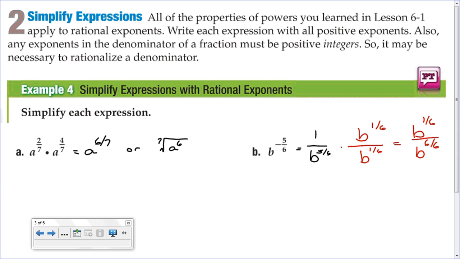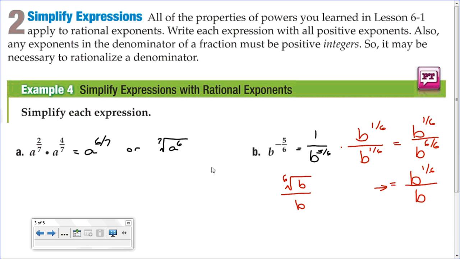Now, b to the 6/6 is the same as b to the 1st. So our final answer on this one is b to the 1/6 over b. Another option for writing that one, you could say that this is the 6th root of b over b. Either way is fine. This way I like better.